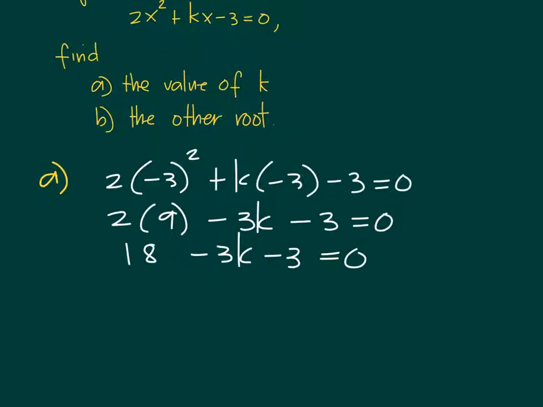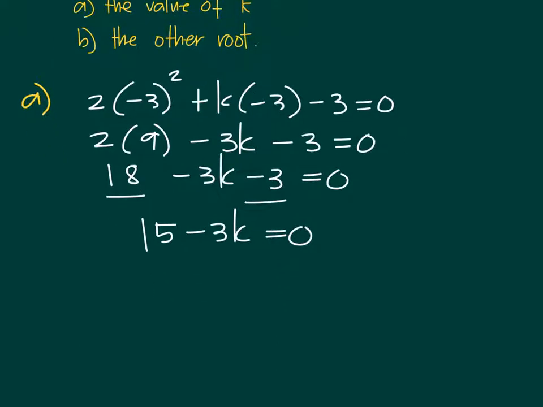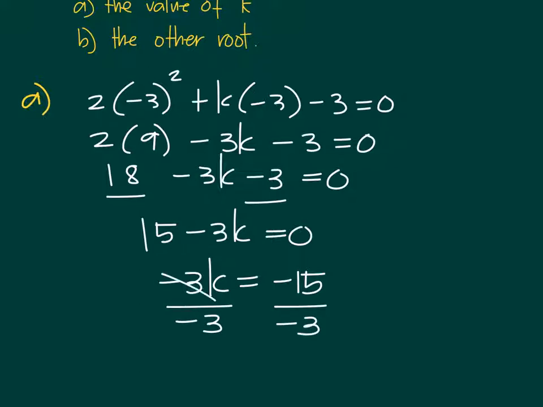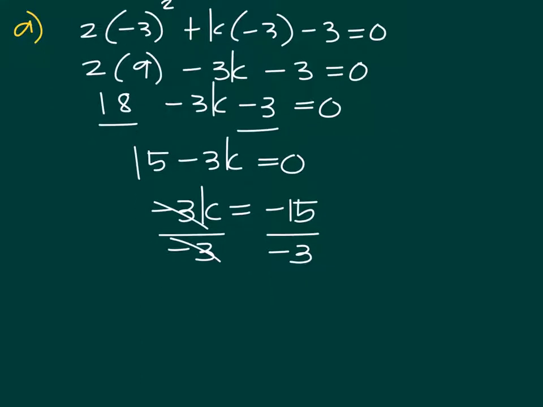And then continue. So 18 and minus 3 will be 15. So 15 minus 3k is equal to 0. And then just keep on solving. -3k equals -15 by subtracting 15 on both sides. And then finally divide by -3, and that means k is equal to -15 over -3, which is +5.